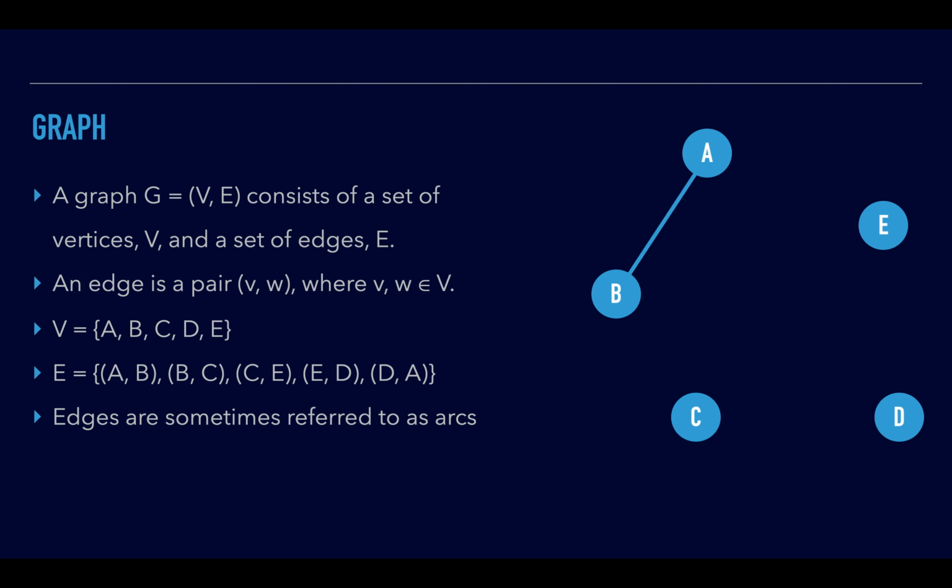Then I have an edge from B to C, then C to E, then E to D, then D to A. So these are the 5 edges present in this graph. If you want to draw a graph, you should have the set of vertices as well as the set of edges. And these edges are sometimes also referred to as arcs. That is another terminology used.